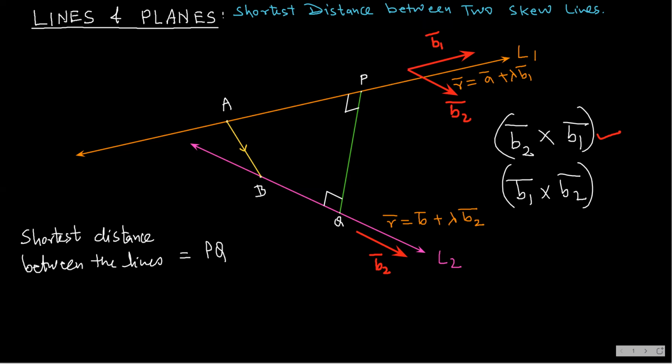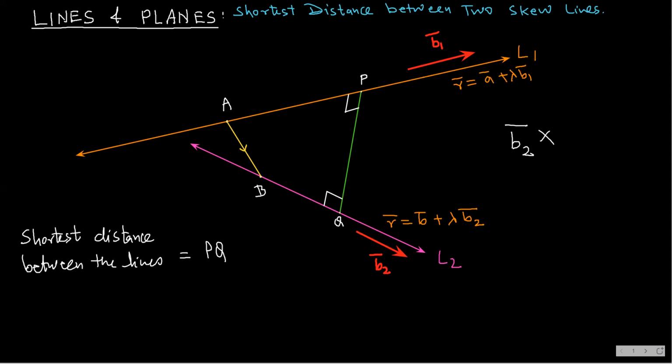So what I will do is, let me make a small change here. Instead of shifting B2 bar, I will shift B1 bar. So here I get, see. Okay. This is vector B1 bar. Now I'll find out the cross product of these two vectors, B2 bar cross B1 bar.